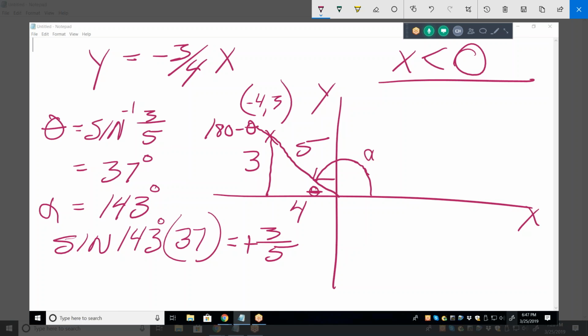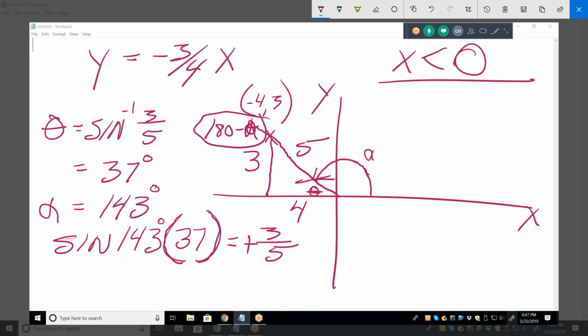So if I know it's actually 180 minus alpha, alpha is 143 degrees. So I get the 37 not only from that formula, but from the concept of reference angles. The reference angle is always the angle made with the x-axis, whether it's in the second, third, or fourth quadrant. Doesn't matter.